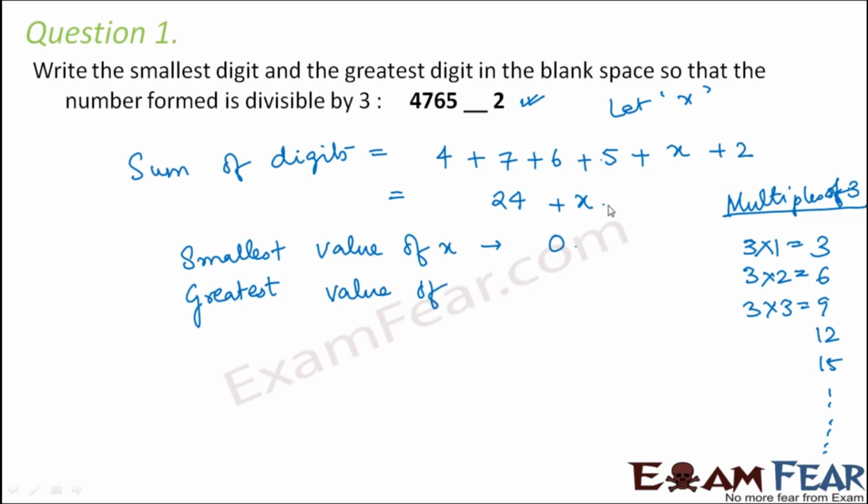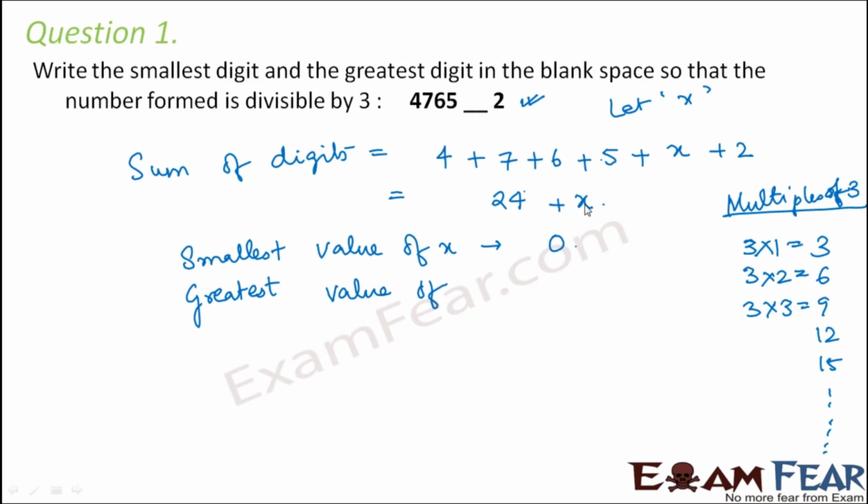So x can only take these values, because only when x takes these values, this sum will be divisible by 3. Right? That is quite obvious, because if you add 2 to 24, it becomes 26, and 26 is not divisible by 3. Since 24 is already divisible by 3, in order to make 24 plus x divisible by 3, x has to be something which is divisible by 3. So basically x has to be a multiple of 3.